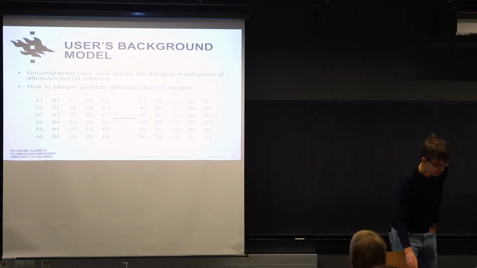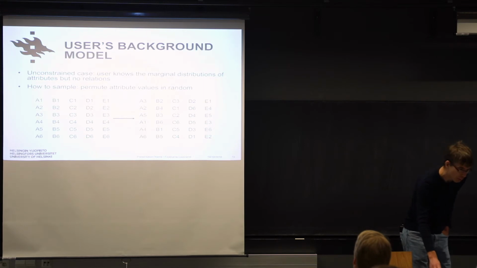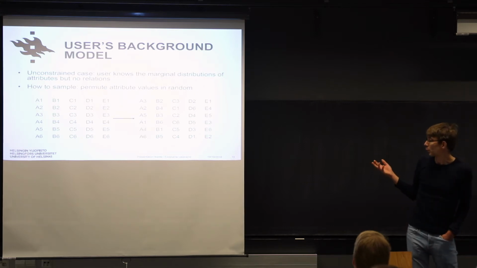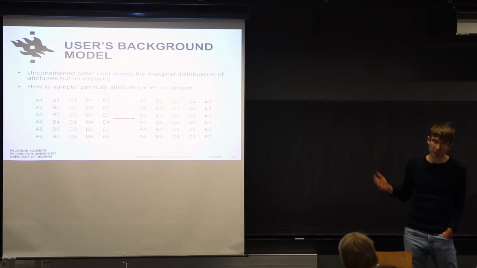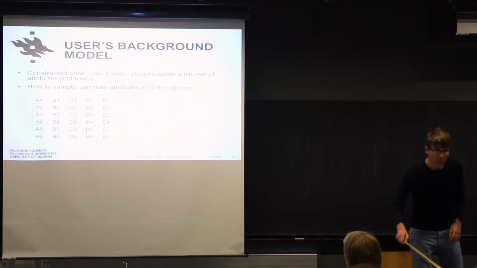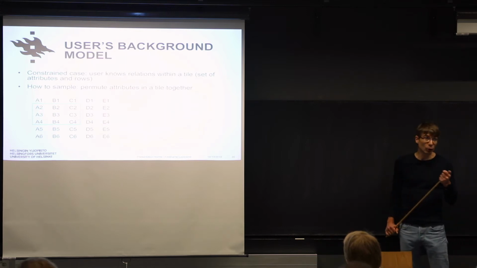And this is quite easy. You could compute some statistics based on this sample, and you would get quite a good estimate of these statistics from the random samples, at least if the data set is large enough. Okay, so this was the unconstrained case.